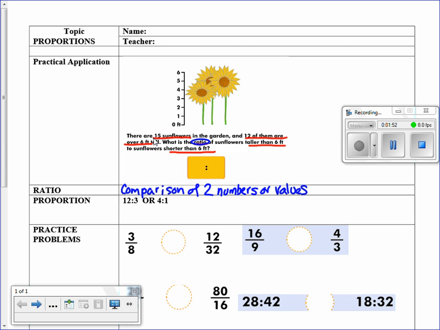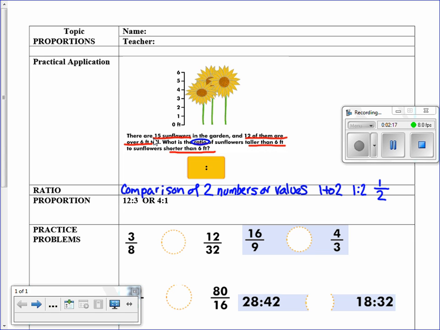The first way we can represent it is 1 to 2. Another way we can represent it is 1 colon 2, which also means 1 to 2 in math. And then the way that you're probably more familiar with, you might not have called it a ratio, would be 1 over 2.